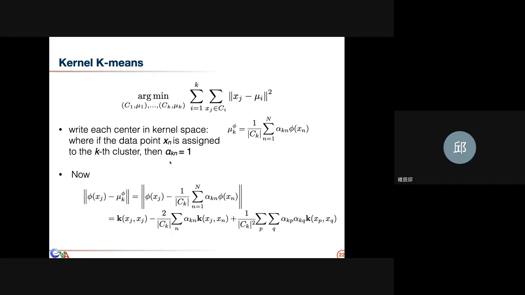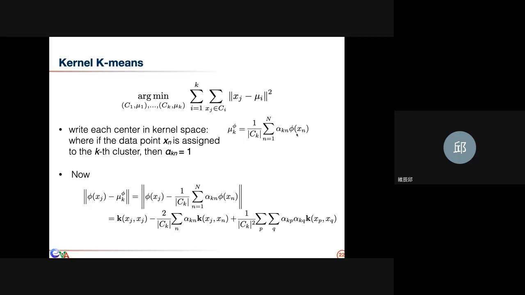we now assume our indicator variable is alpha kn. So alpha kn equals 1 if the data point xn is assigned to the k-th cluster. It is just the same as the Rnk we had previously, but here we use another variable alpha kn to represent the indicator variable. The center of each cluster can be computed by this formula, right?